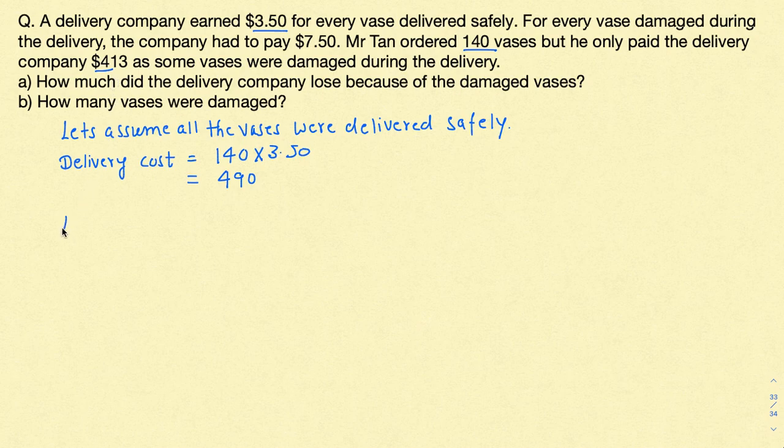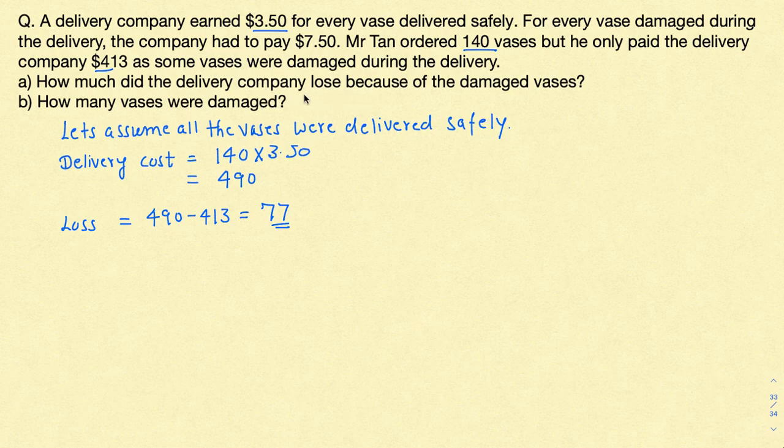So the loss, right, was how much? It was 490 minus 413. That will give us $77, right? So there is a loss of $77 the company has to bear because of the damaged vases, right?